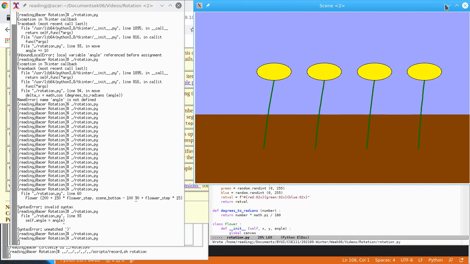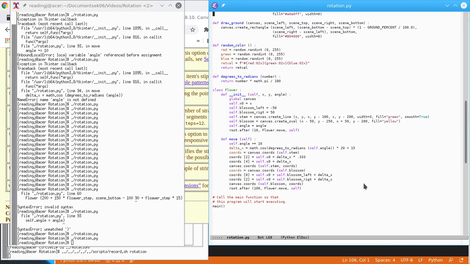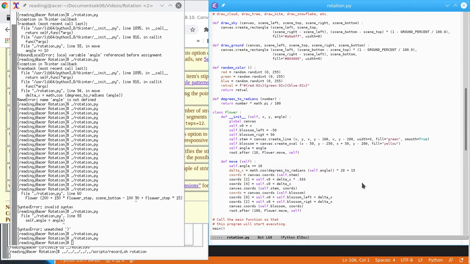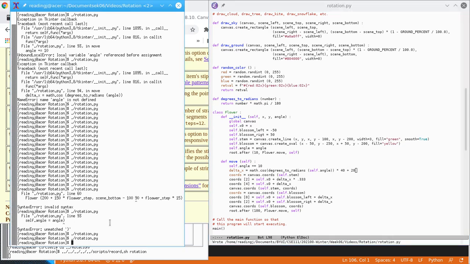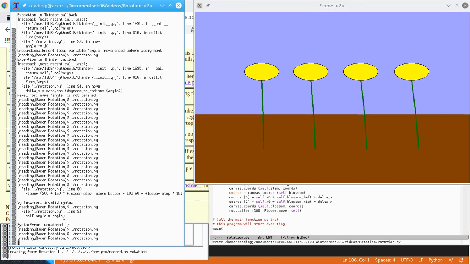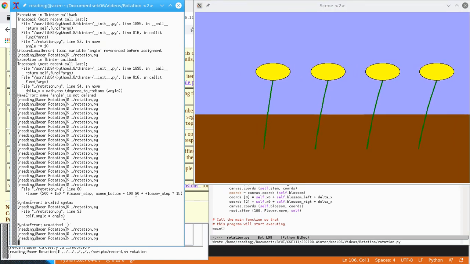Because we can increase our wind from a gentle breeze to a hurricane by changing this to, maybe not a hurricane yet, but it's going to be a much more violent wind. See that?